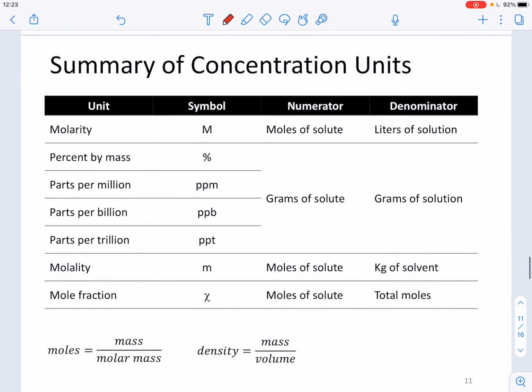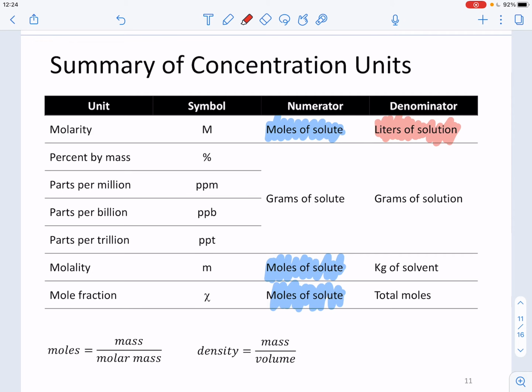So in summary, these are the units that you are going to use. Notice that molarity, molality, and mole fraction all use moles of solute on top, but they differ in what's at the bottom of that fraction.